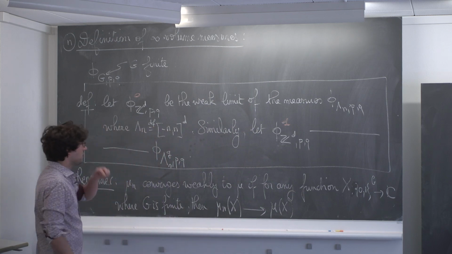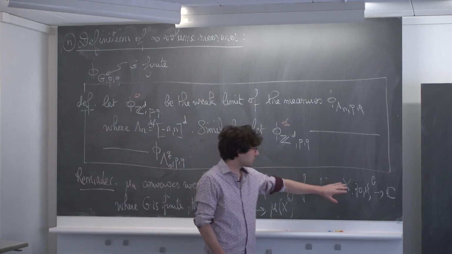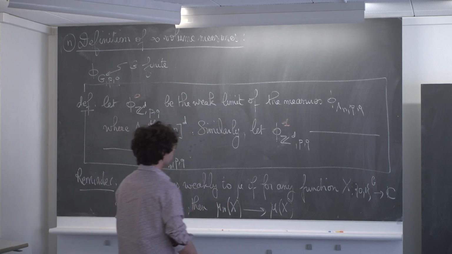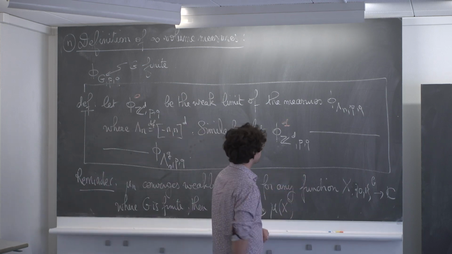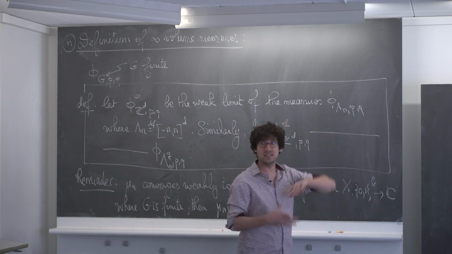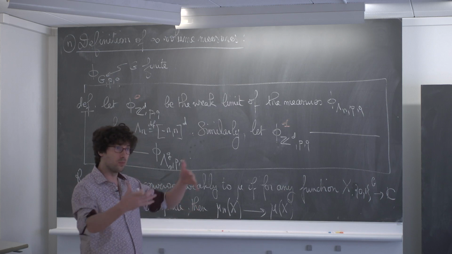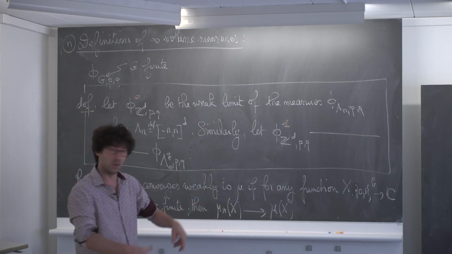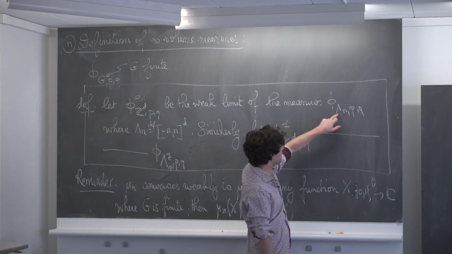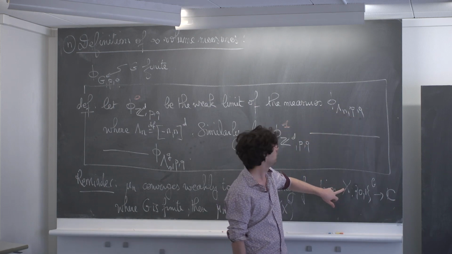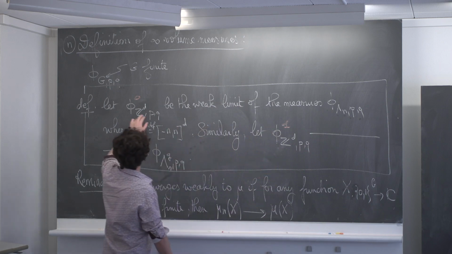So what does it mean here? It means you take an observable that depends on the edges in the graph G, G is finite. Then as soon as n is sufficiently large, G is included in the box of size n entirely. So you can make sense of phi Lambda_n p,q of the random variable X. And you look whether this converges or not to this thing.